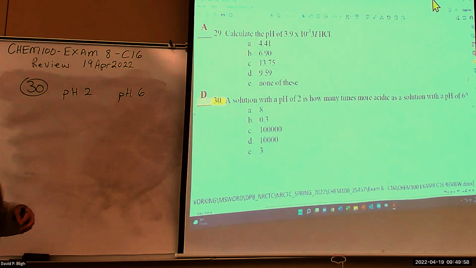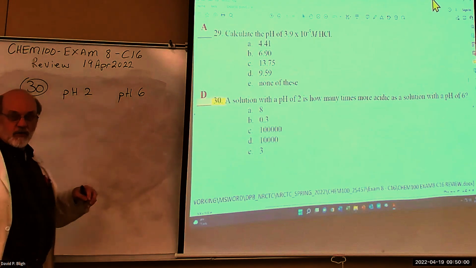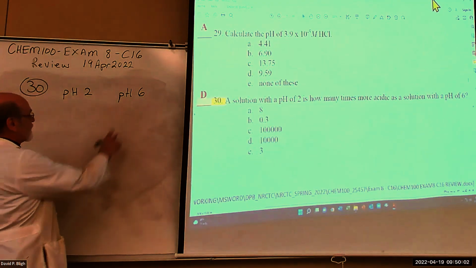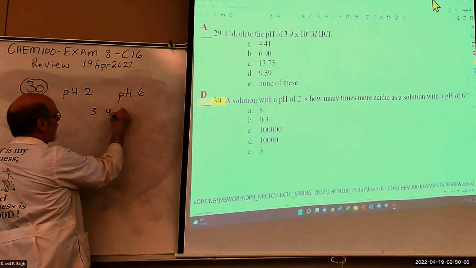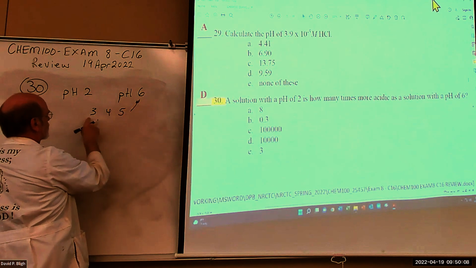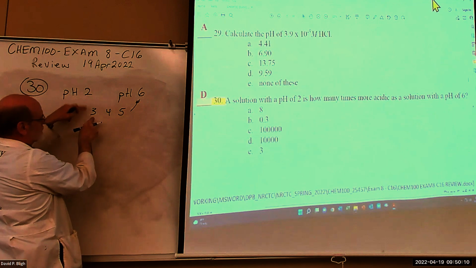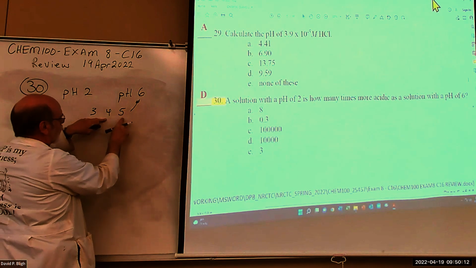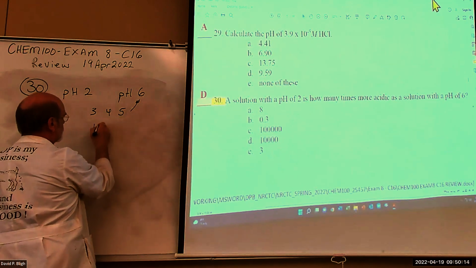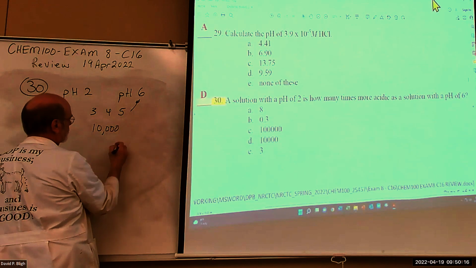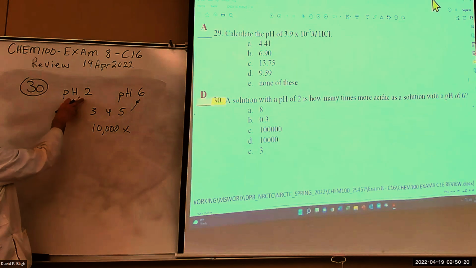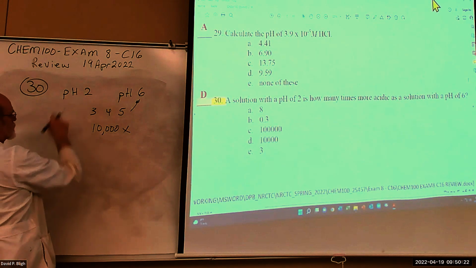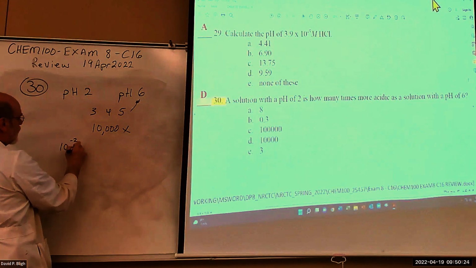Well, we could take the short way and say logarithmic scale means that this one is, we go to 3, 4, 5, 6. So this is 10 times 10, 100, 1,000, 10,000 times. Or we could say, what is the hydrogen ion concentration here? 10 to the minus 2 molar.